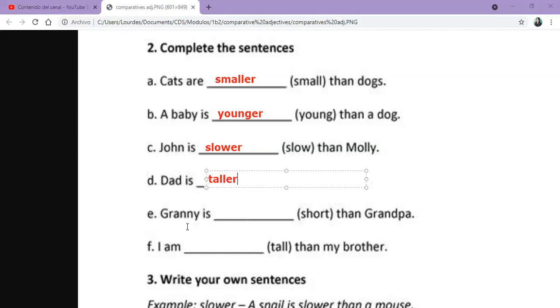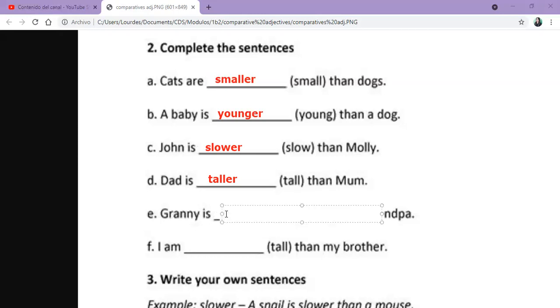Letter E, Emma: granny is shorter than grandpa.